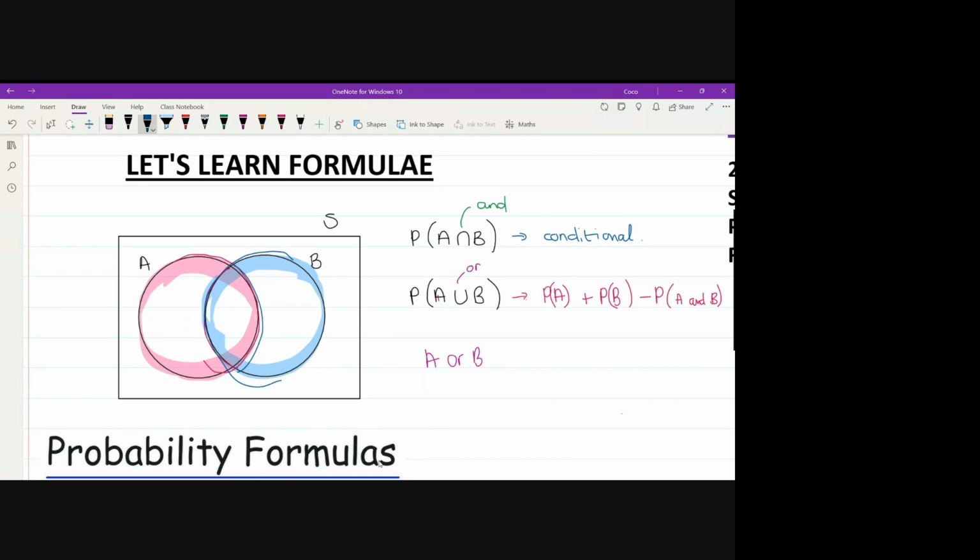So the only way for me to compensate for that is to minus one of them. And we know that this middle part is called the intersection, isn't it? It's called the intersection when we're just looking at that part, and the intersection is known as A and B, the probability of A and B. That's why we have to minus one of them.